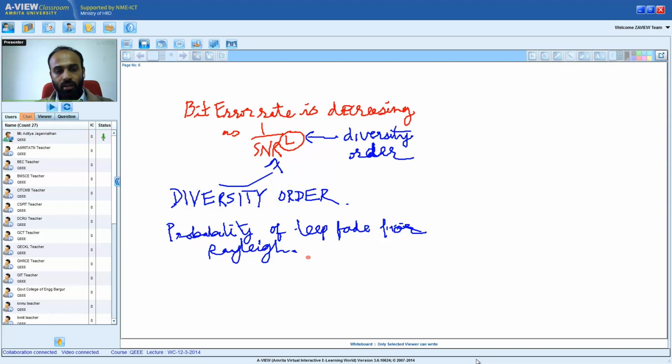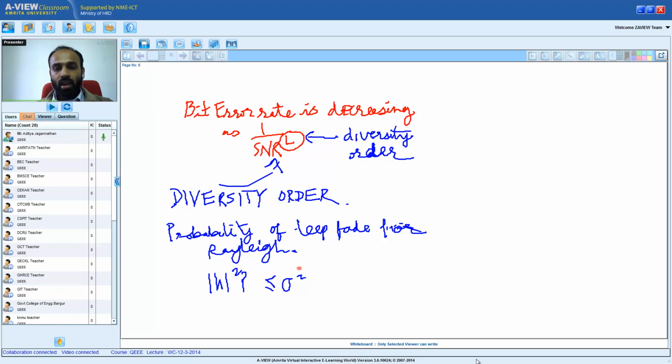Someone is responding: when the received signal power is less than the noise power. For a Rayleigh fading channel, we said when mod h square times P is less than or equal to sigma square.